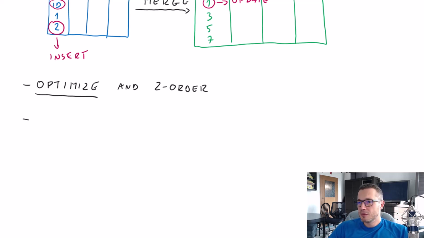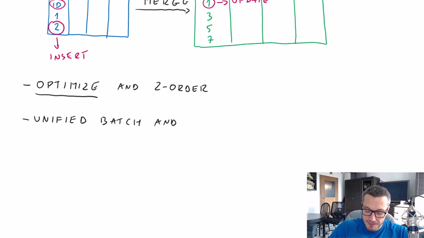And the last thing I would like to talk today about Delta files is that it allows for unified batch and streaming. I know we didn't cover streaming yet. We'll get back to it in the future.